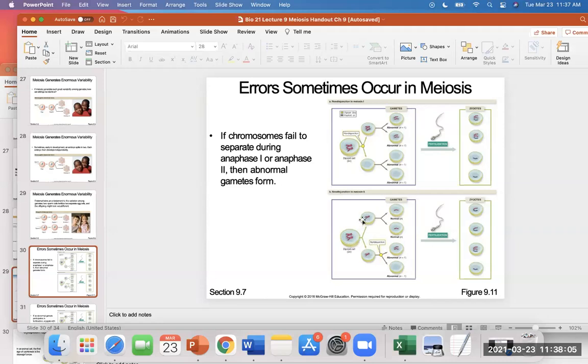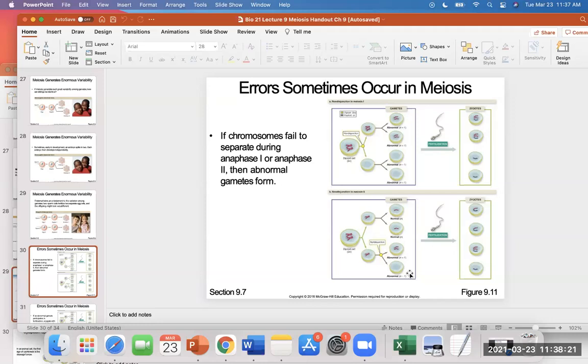There's going to be a genetic disorder. If they separate fine during meiosis 1, but then during meiosis 2 they fail to separate for this one, then these are your gametes. You have two normal ones, and then you have two abnormal ones.